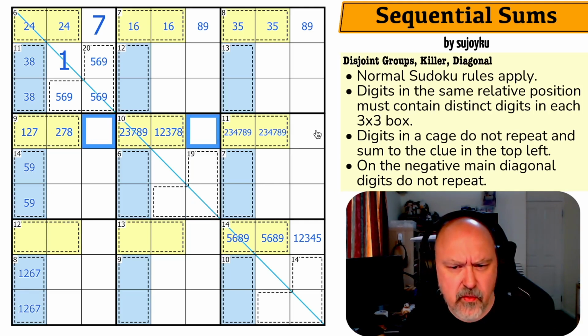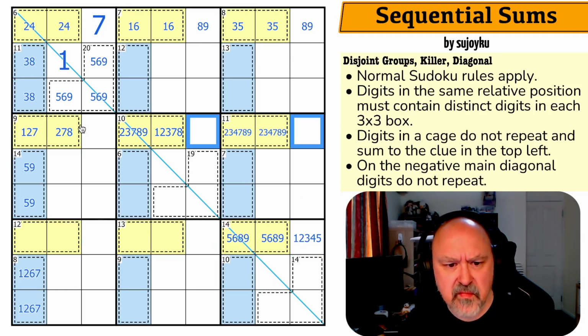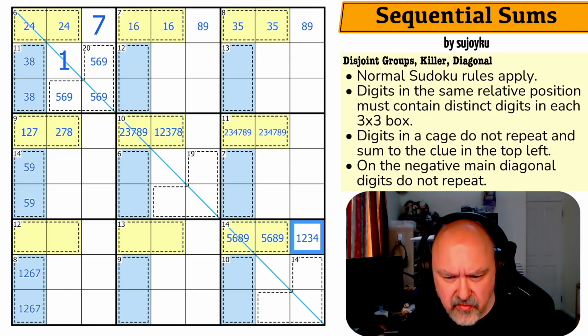So I can see 4 and... No, it's not 4 and 5. It's 5 and 6 are in those. Right, 5 and 6 are in those. I can't put 5 in any of these. 5 can't go in here, can't go in here, and can't go in here. So 5 is in one of these. So 5 is in... Hang on, no. 5 is in one of those. So 5 can't go in one of those. So that is not a 5.